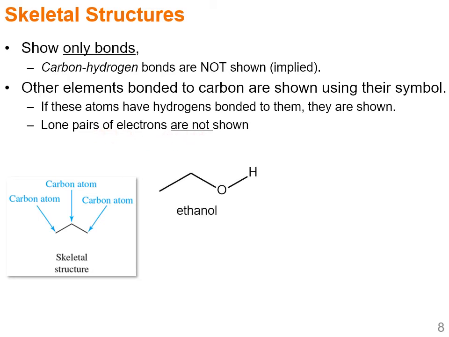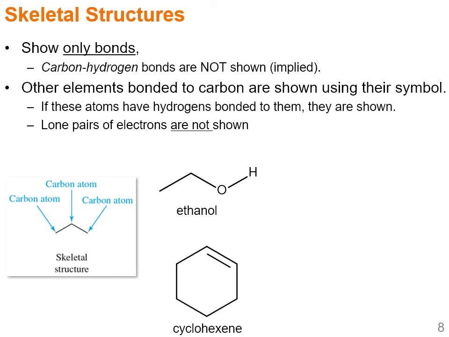For example, in ethanol, we have 1, 2 carbon atoms, and to the second carbon, we have an oxygen, and to that a hydrogen attached. Each bond between carbons, carbon and the oxygen, oxygen and the hydrogen, is a single bond.